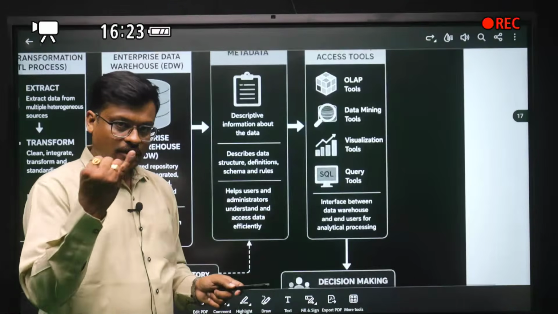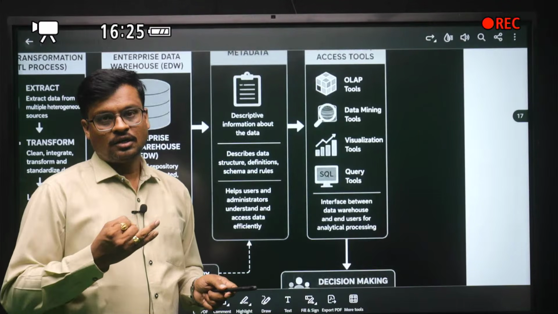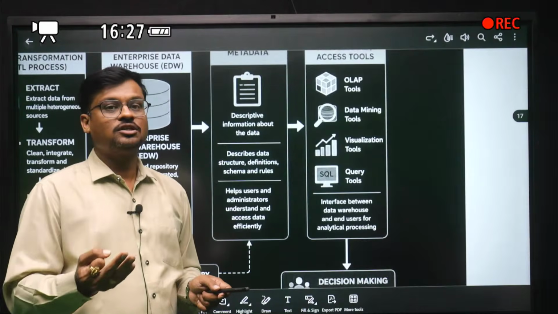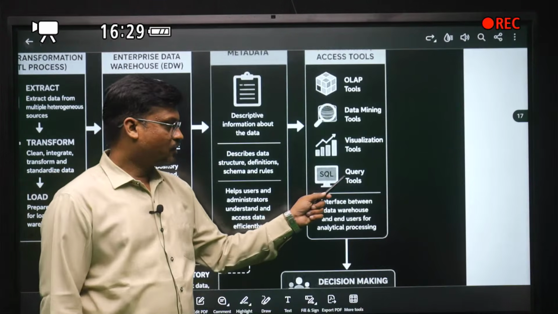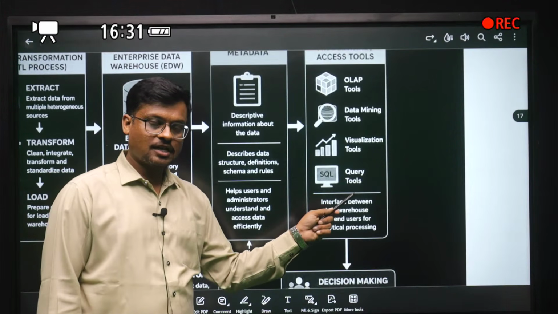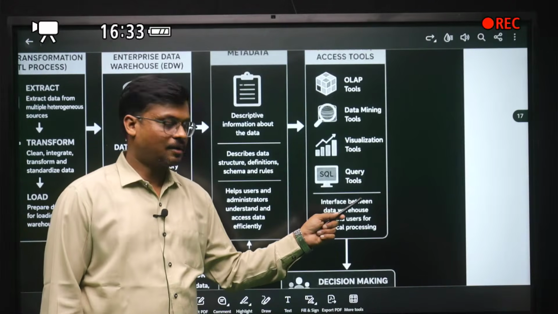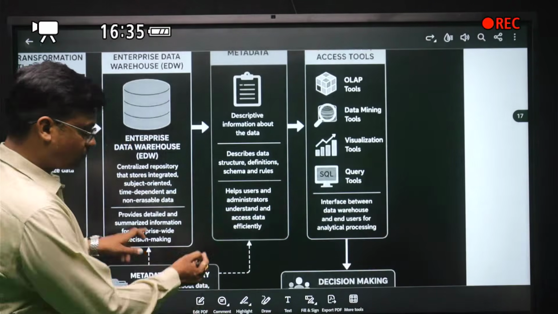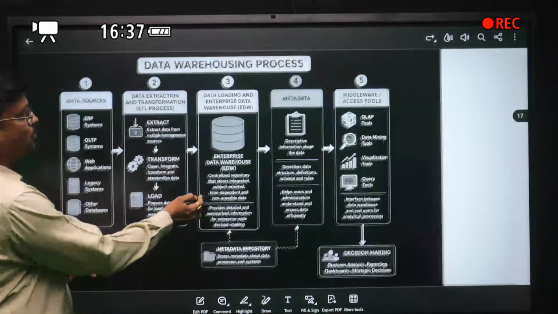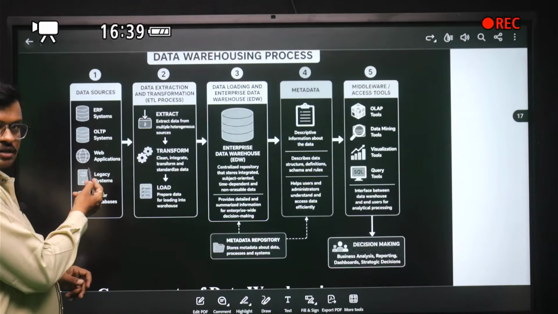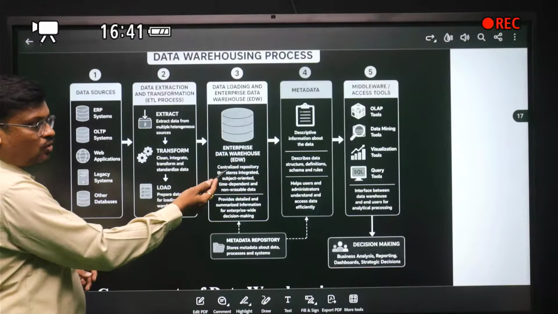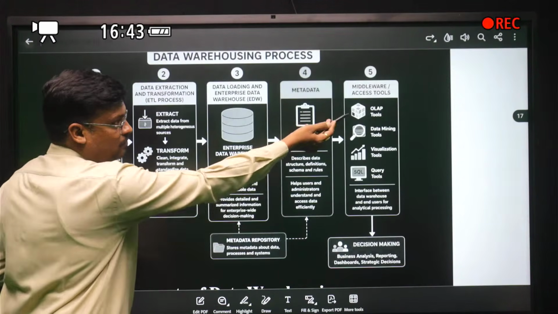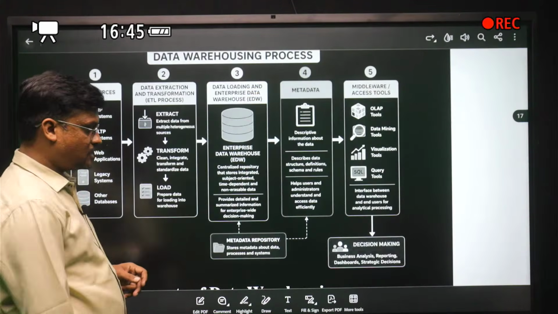Visualization tools: dashboards, scoreboards, and KPI scores or measures can be given. Query tools: you will be able to extract the information as per the requirement. This is your data warehousing process. We extract, transform, load, metadata is given, then the middleware access tools will analyze the data.